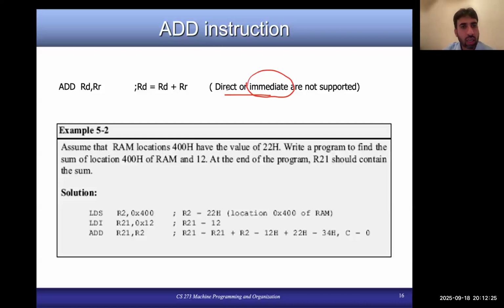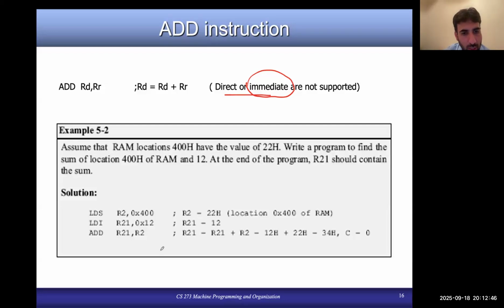And direct means that the add instruction does not allow you to read one of the operands directly from memory. It is not allowed. So if you want to add a number from memory into a register content, that number from memory must first be loaded into the register and then added into the destination register.